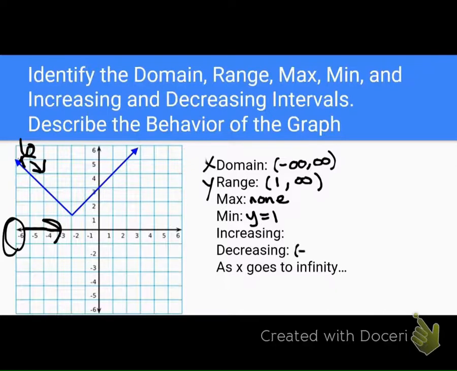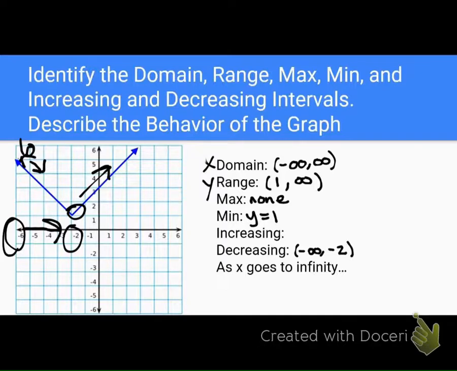I'm going to be decreasing from negative infinity until I stop going downhill, which happens here. This is when I make a sharp turn and then go uphill. So that happens when x equals negative 2. So I would say the function is decreasing from negative infinity to negative 2.